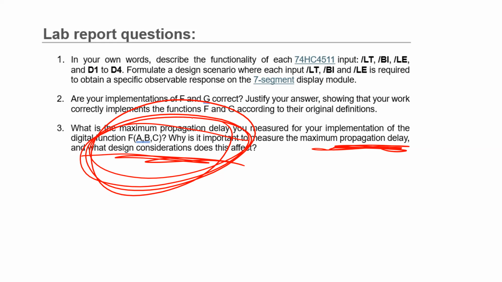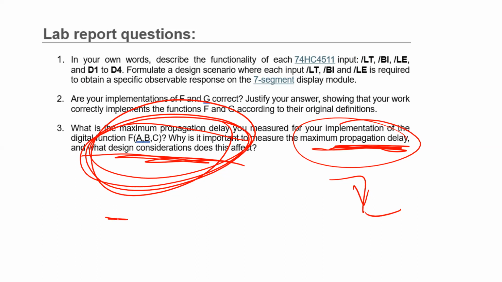I can't input a very fast frequency at the input when the output has not shown the result yet. Okay, in this case, it's not going to work. You understand what I'm saying? So that's why I have a restriction on the operating frequency. I have to wait. I have to make sure that when I give a certain input, I should not change it to another input. So I have to keep them for a certain time.